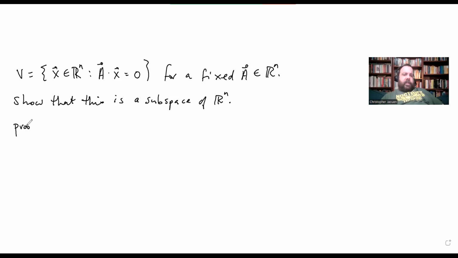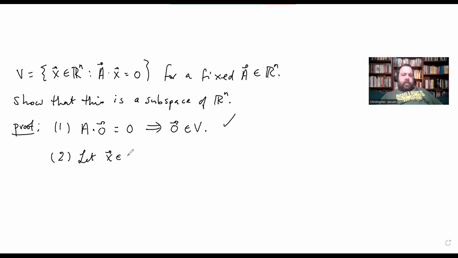The proof, like I said, is just showing that those three properties are true. If we take a dot the 0 vector, clearly you get 0. So that implies that the 0 vector is in V. So that first thing is satisfied. Second, let x be any vector in V, and let c be any scalar in R. Consider a dot cx.